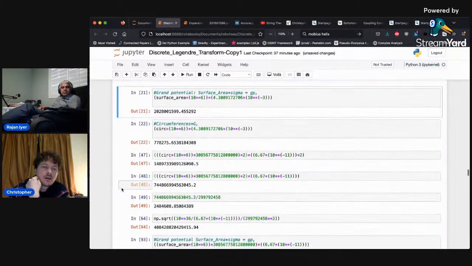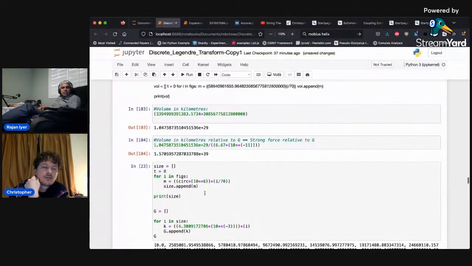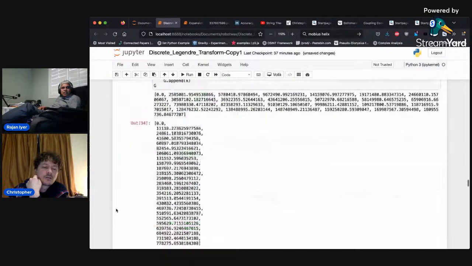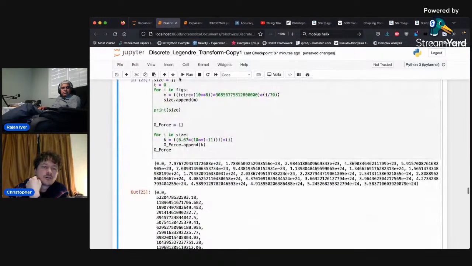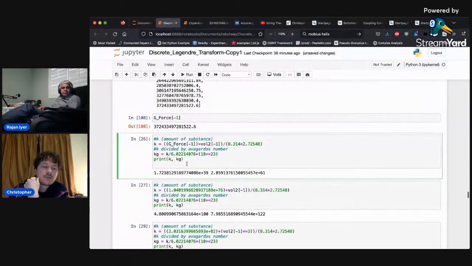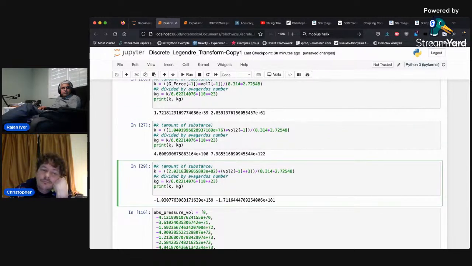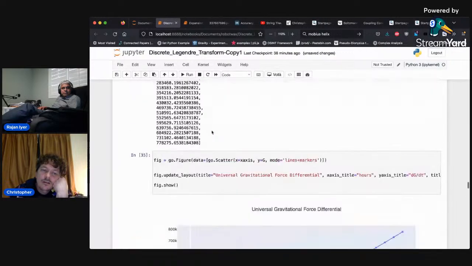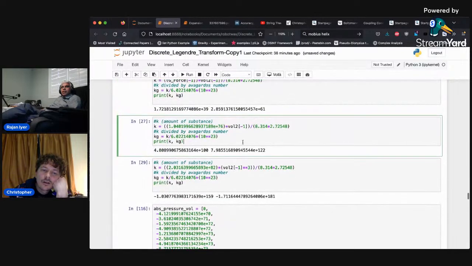I don't think we need to run any of those. Okay, we're back to where we started. Wait a second. Was this the number we took from the? Yeah, if you divide by the Avogadro number, I think you get the number of moles.